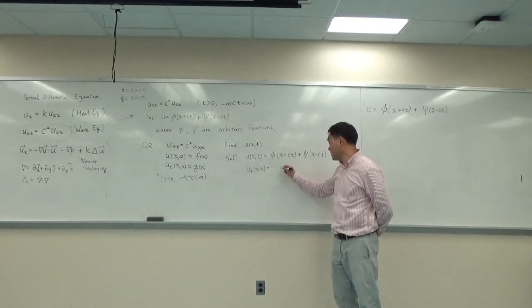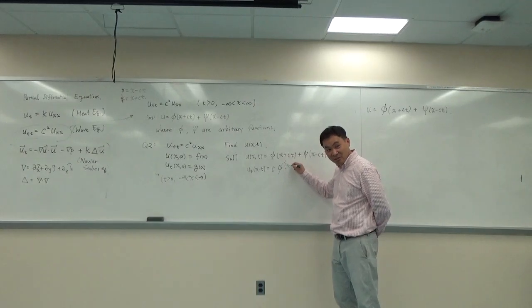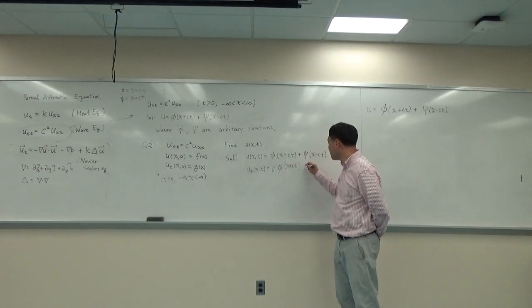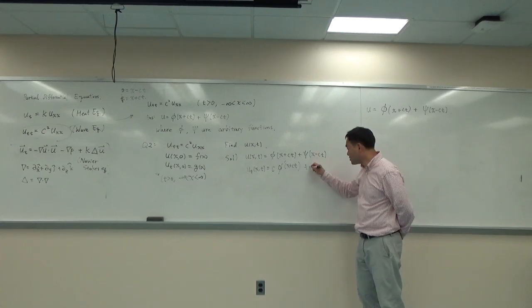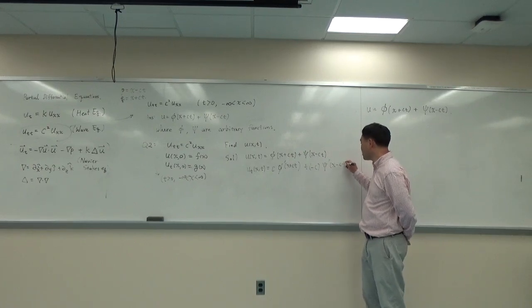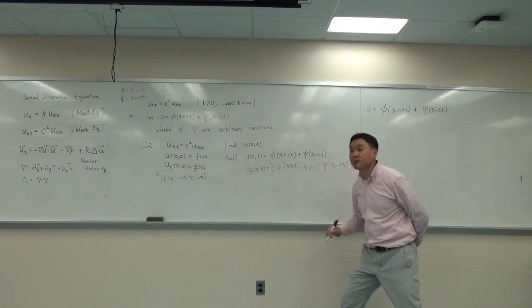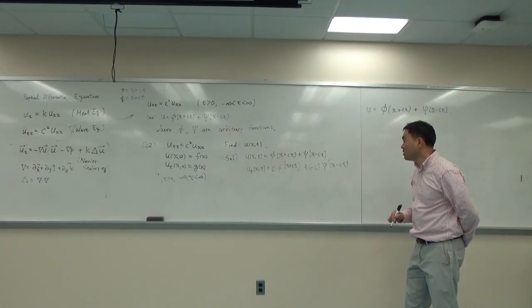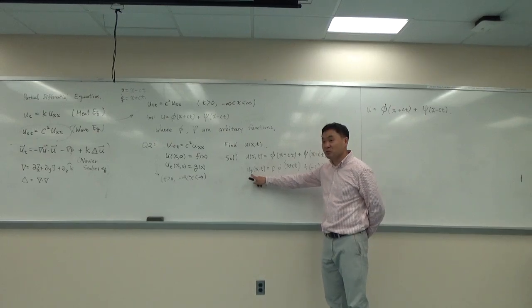c phi prime of x plus ct, right? Plus, what about this one? Would it be negative c? Negative c, perfect. psi prime of x minus ct, just by the chain rule. Yeah, I mean, this really means partial derivative with respect to t.